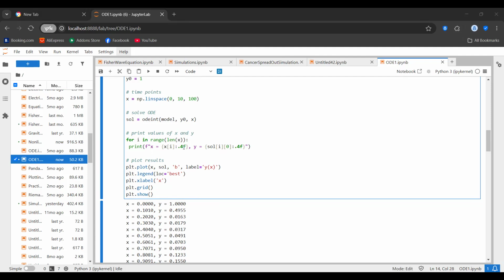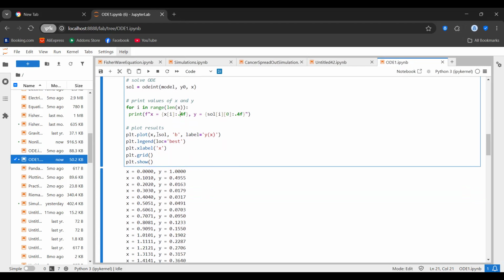Our number of decimal places here is equal to 4. So i is from 0 to 9, and our values of x have 4 decimal places. Also the solution y has 4 decimal places.